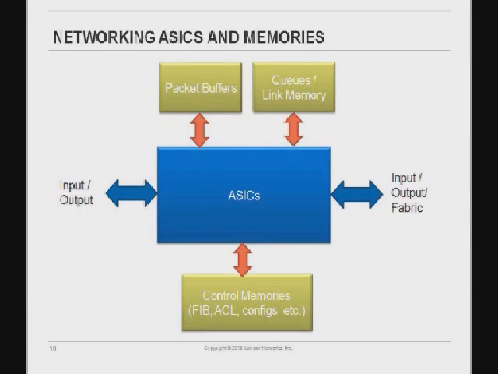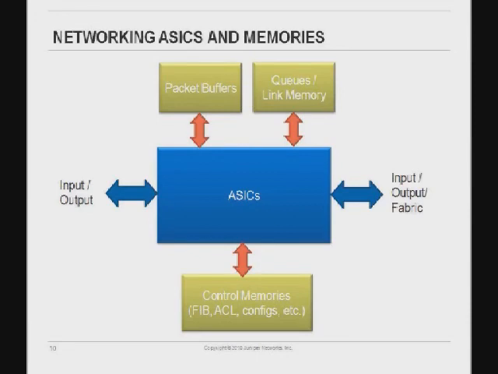There are several types of memories we use from the functional perspective. On the top there, one is the packet buffers, and some of them are just temporary working storage. Another role they play is to store the packets when there's congestion.